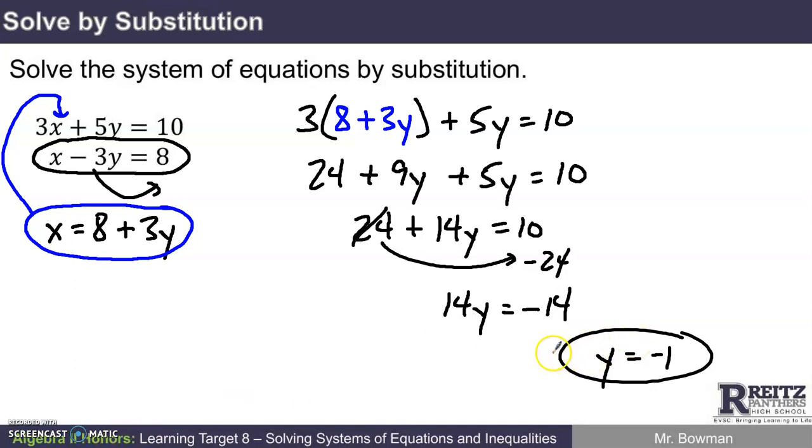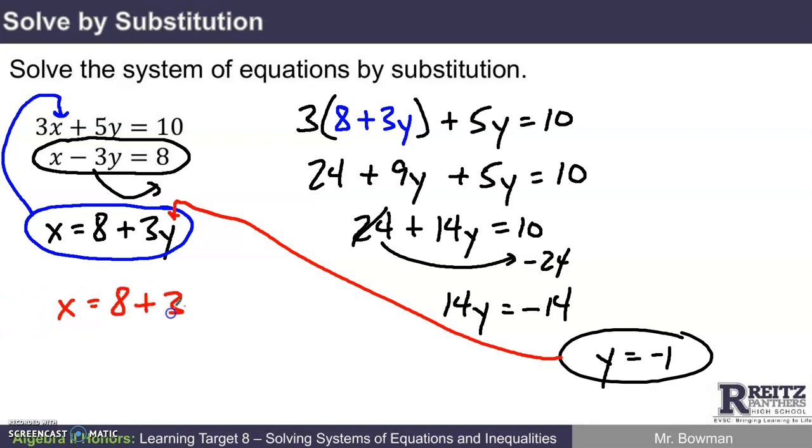And now that I know that y is negative 1, I can replace y in the other equation with negative 1. So x is 8 plus 3y would be 3 times negative 1. 3 times negative 1 is a negative 3. I get x is 5.